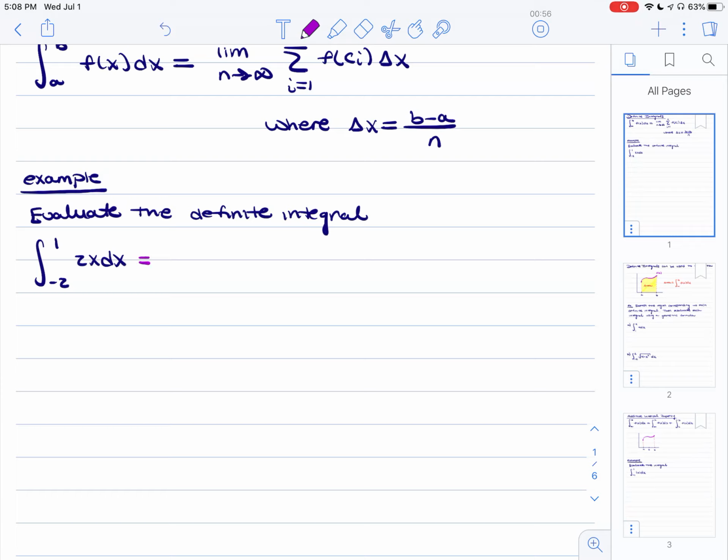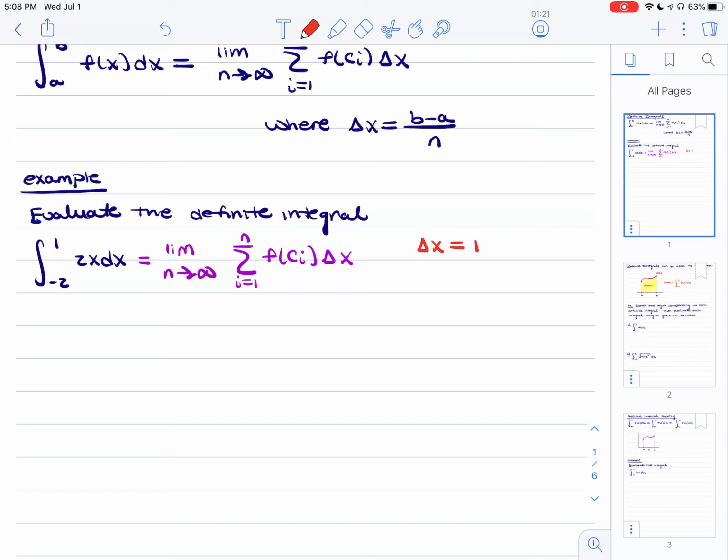Okay, so our limit definition here says we're going to find the limit as n approaches infinity of the sum from i equals 1 to n of f of c sub i delta x. Now our delta x is going to be b minus a over n.